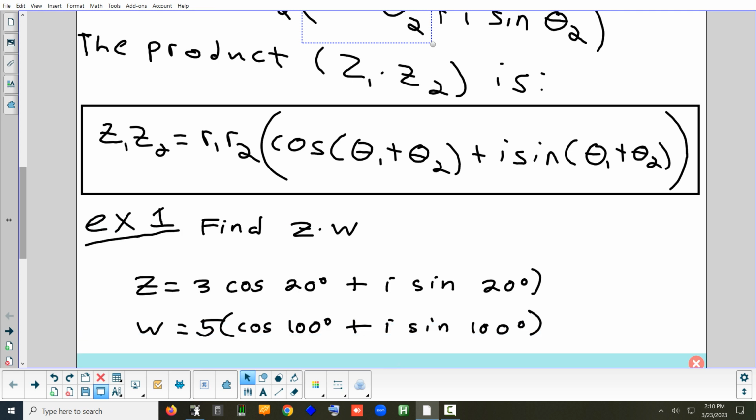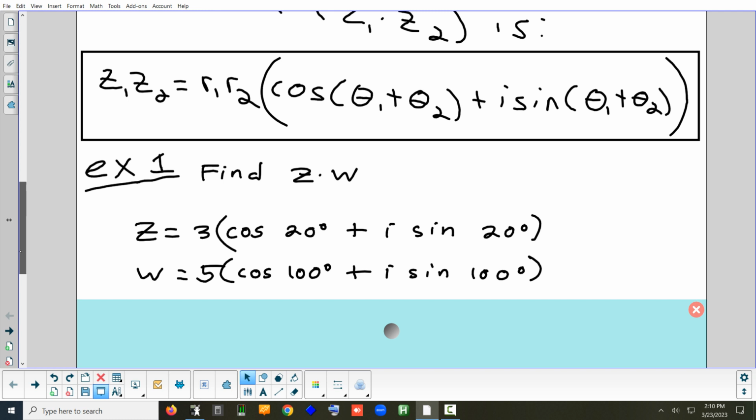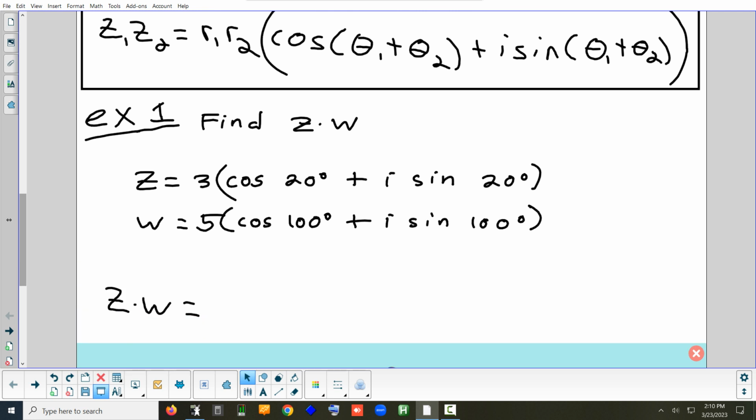See, I can look at that. I already know the answer to that problem, because you don't have to FOIL anything. So it says to multiply them together. What does it say to do with the two radii from the original problems, z and w? Multiply. What are my two radii? 3 and 5, and when you multiply them, you get 15.